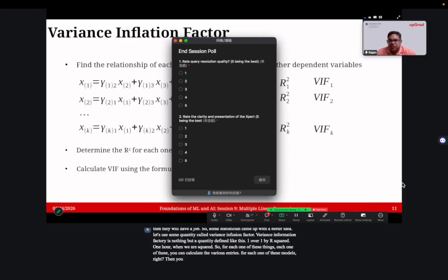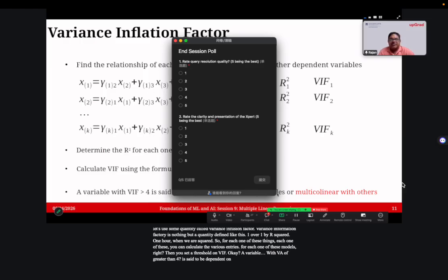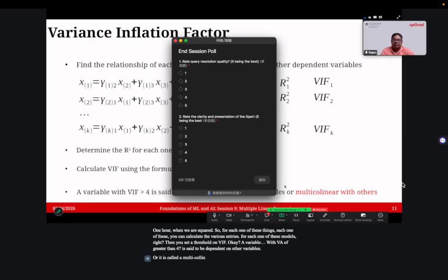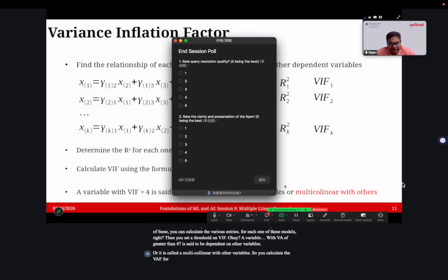Then you set a threshold on VIF. A variable with VIF greater than 4 is said to be dependent on other variables, or it is called multi-collinear with other variables. So you calculate the VIF for each x variable and see which ones have a VIF value greater than 4.